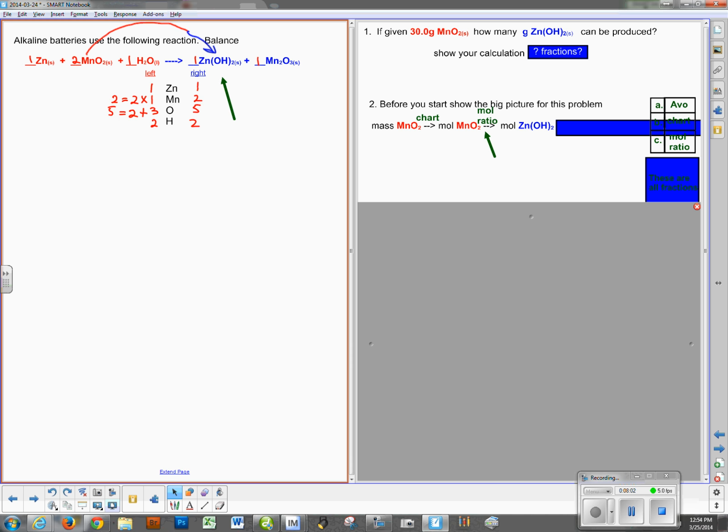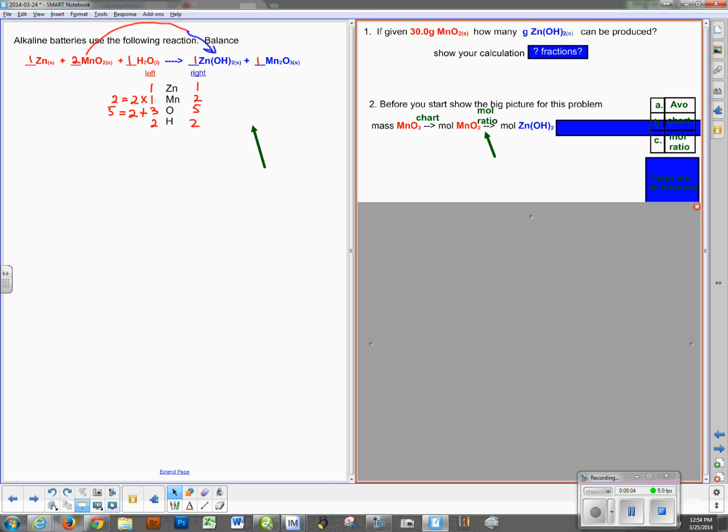So back over here, when we get back on this side, we're going to put the mole ratio here, and that will get us into zinc hydroxide. And then the last thing is to convert, and we're going to use the chart again, this time to get zinc hydroxide moles into mass.